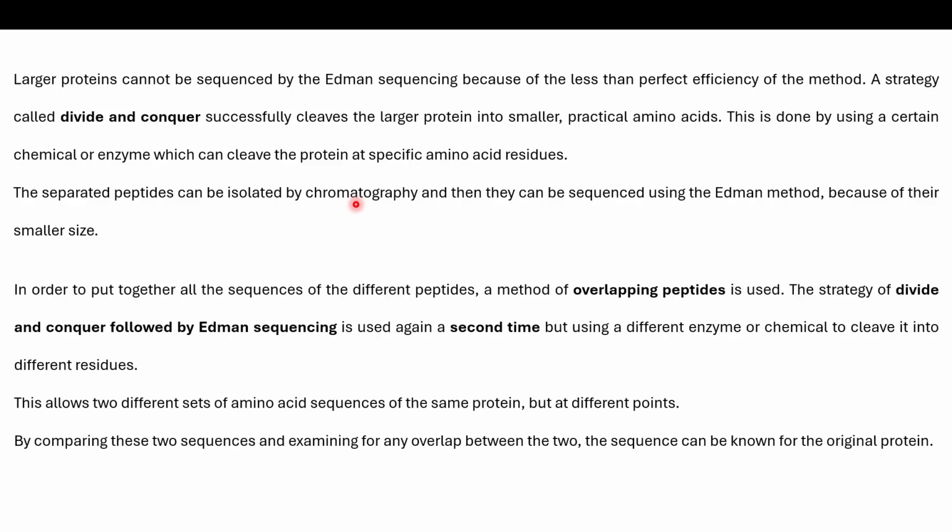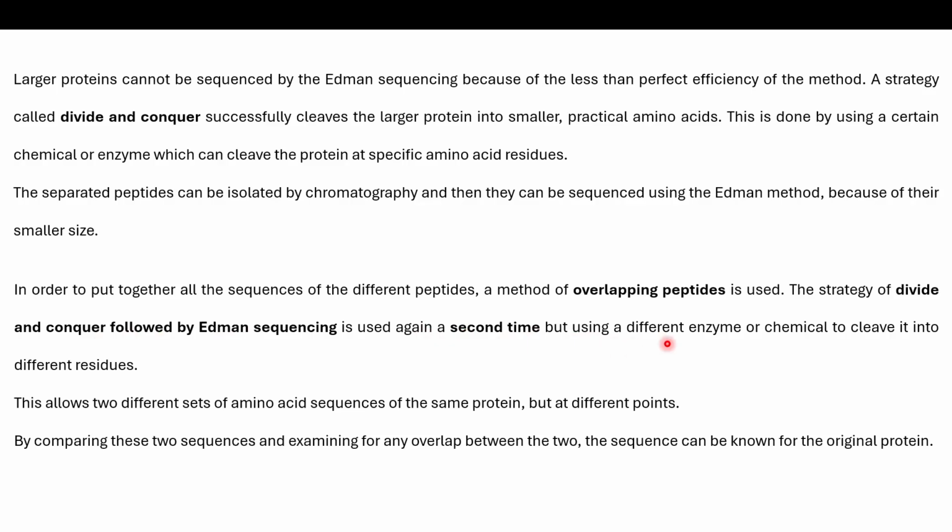All these mix and match, you will have different kinds of overlapping residues, and when you put those together, you will be able to frame the full polypeptide sequence. Okay. So that's how this strategy of divide and conquer works. So this is what is being talked about.